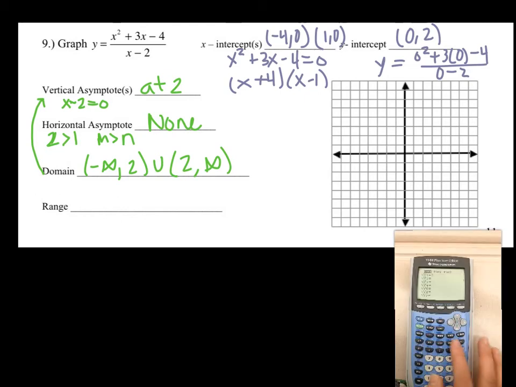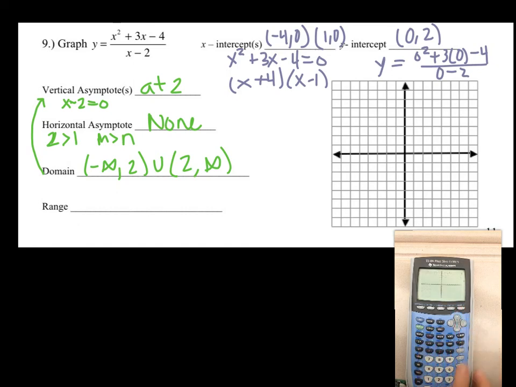Graph number 9 here. Remember to put the numerator in parentheses and then denominator in parentheses. It does matter. So we've got x squared plus 3x minus 4, and that's all divided by x minus 2.